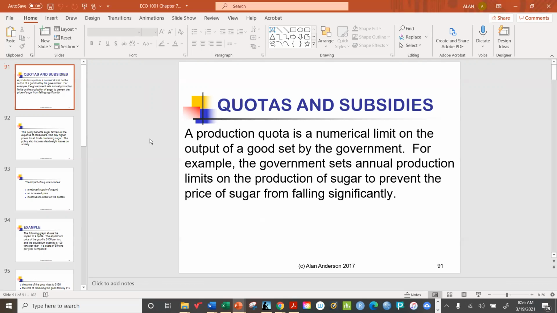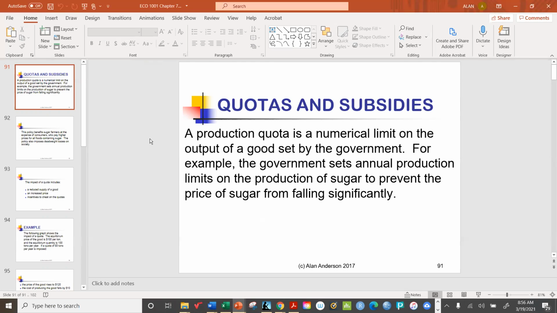So the quota is essentially a limit on how much sugar each farmer is allowed to produce. They could produce a lot more, but the government, rather than sending them a check, just says, listen, instead, you all limit your quota or your output, and as a result, the market price will rise and you'll all be better off. Now, of course, who ends up paying for that is the consumer because we end up paying higher sugar prices. So that's an example of a domestic quota.